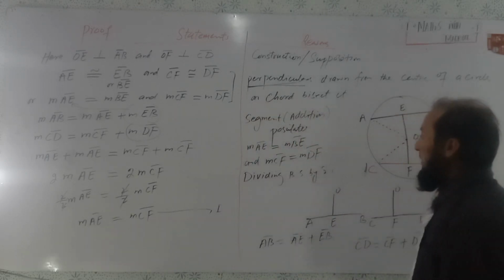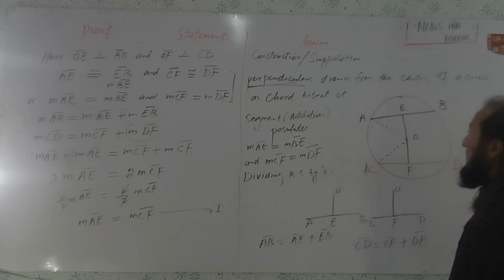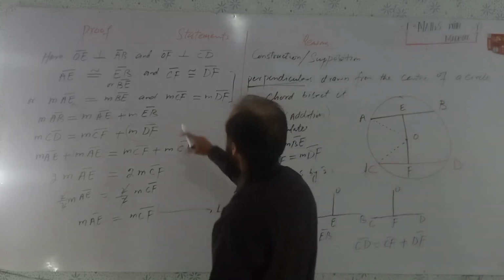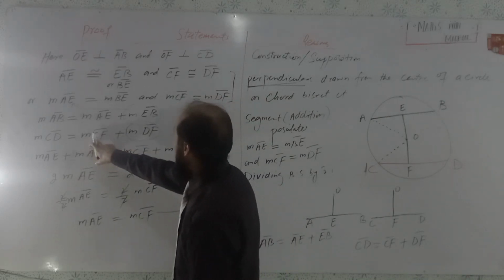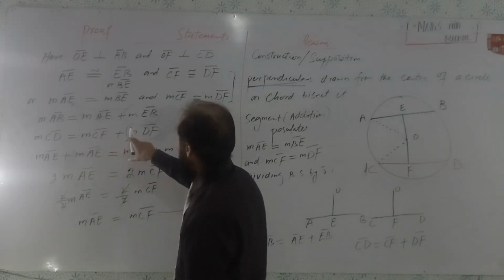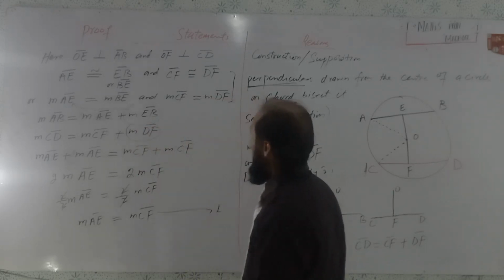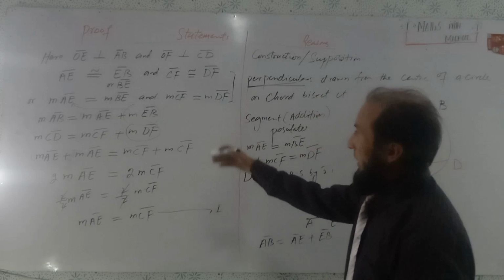Now similarly we can also prove the other one: if we replace it, we get measurement EB is equal to measurement DF, according to the given condition.